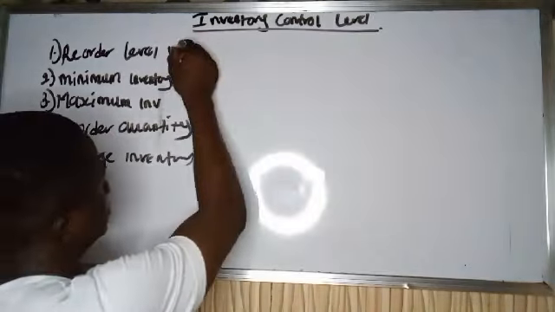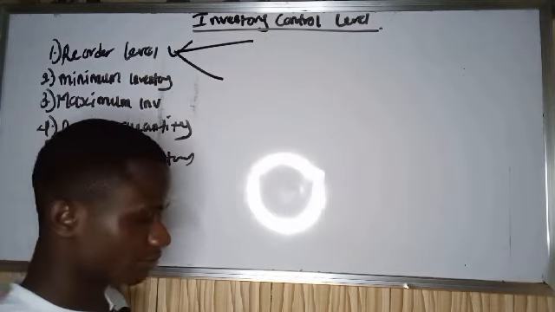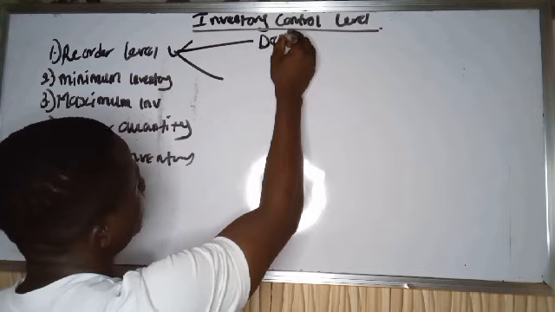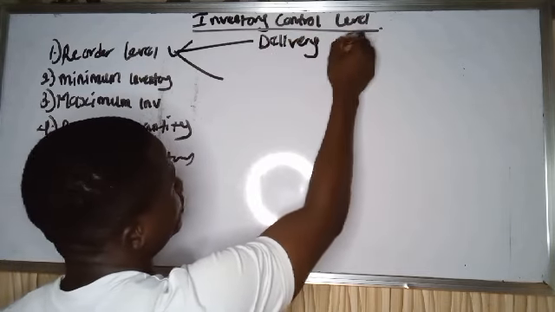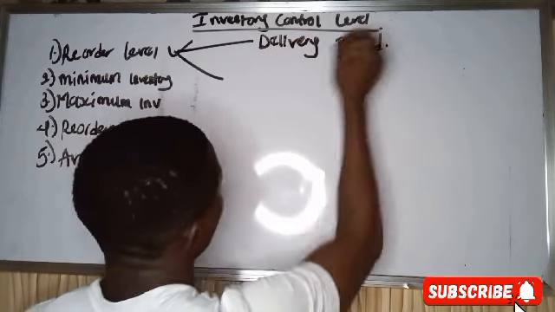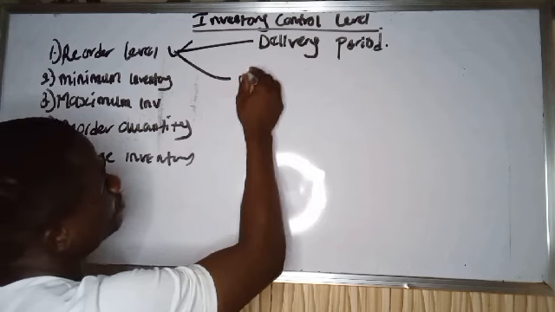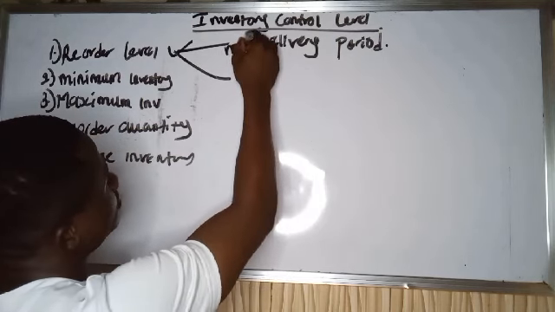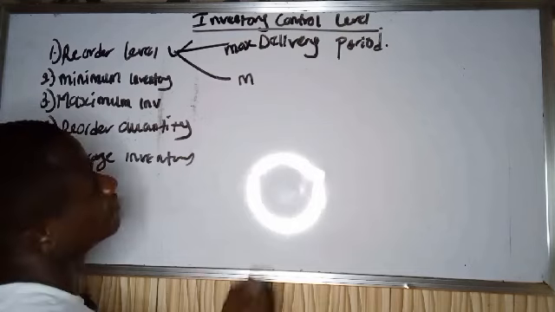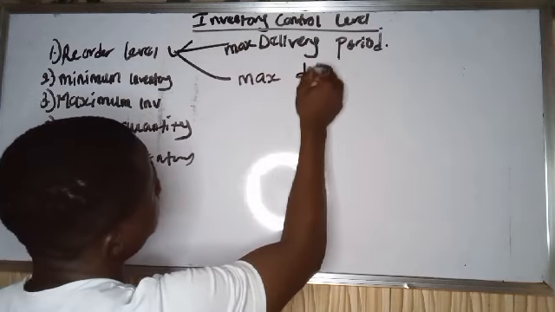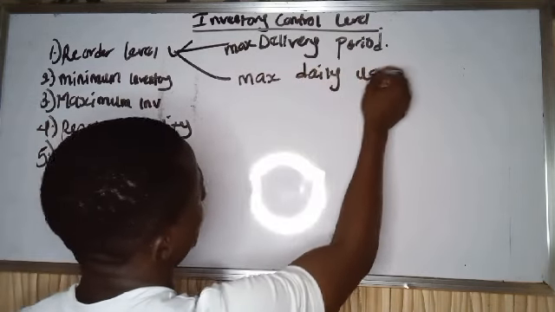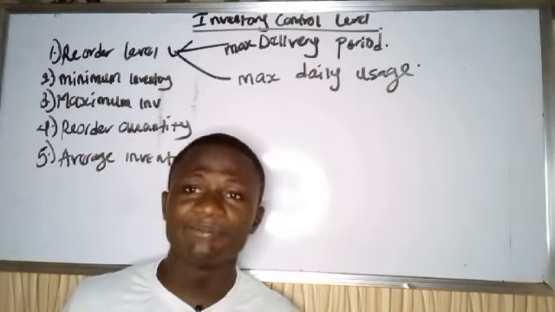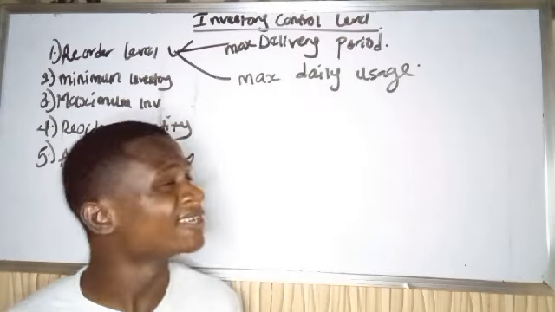The first one is what we call the maximum delivery period, and number two is the maximum daily usage. These two factors are what form the basis of reorder level, and I will explain.